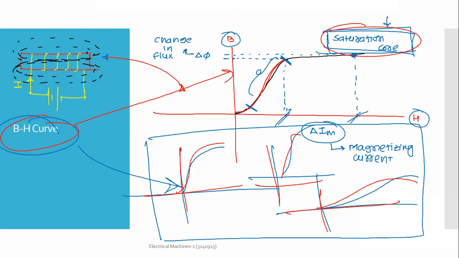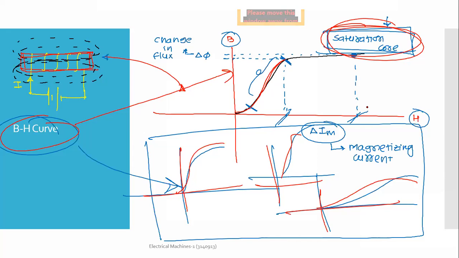Now, can you use the same material again in the core? If this happens, can you use the same material again? My question is, you don't know how the magnetization will take place. Every time the magnetizing of the core may be different, which is not as per the material property.